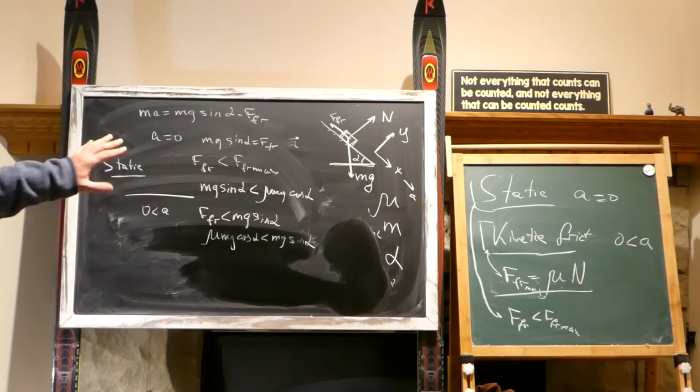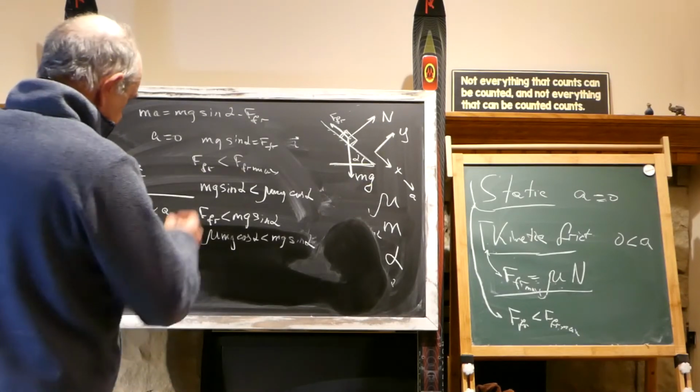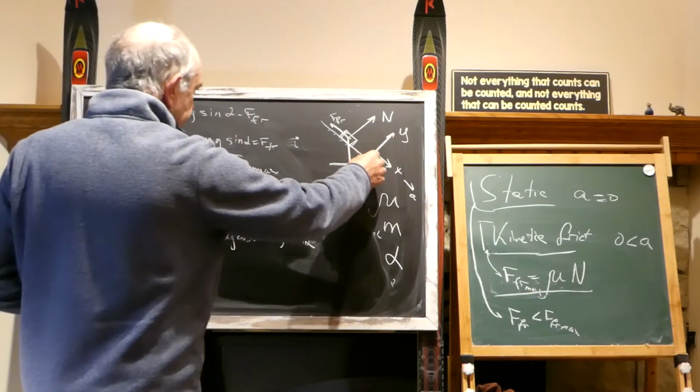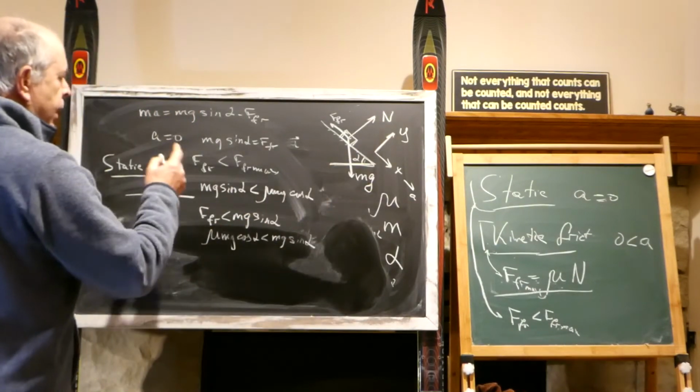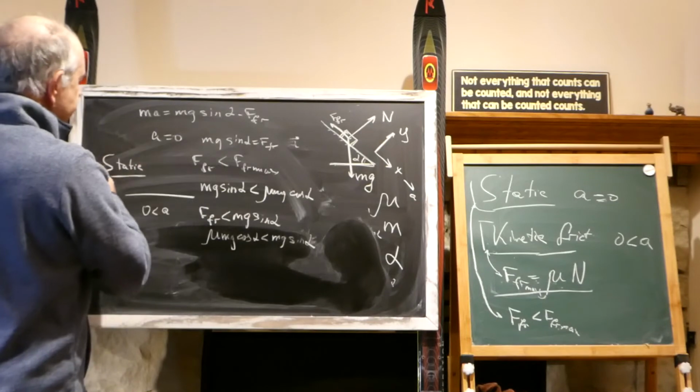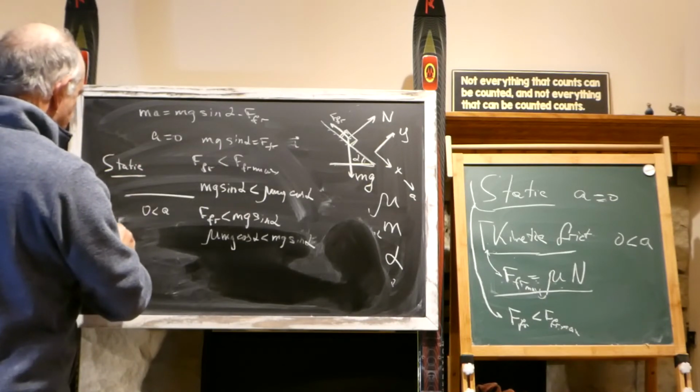And I leave it at that. I let it think. So you understand that if alpha is very small, we are in a static scenario.